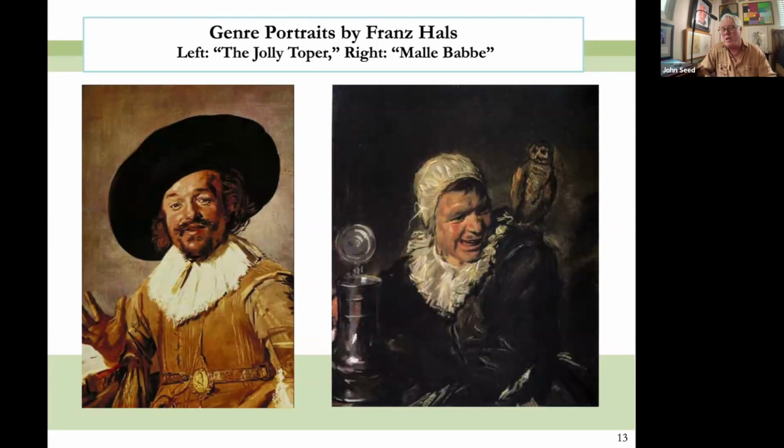the man. But when you see these in a museum, which of course is the place to see them, you can feel the active painting. You feel the freshness of the impasto. Look at the color on Malle Babbe. And by the way, Malle Babbe, we'll call her a crone or a witch, because you have to be a crone or a witch to have a pet owl on your shoulder. And she has an enormous pewter tankard that's painted with real bravura.